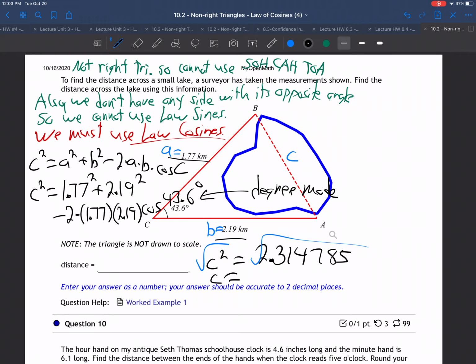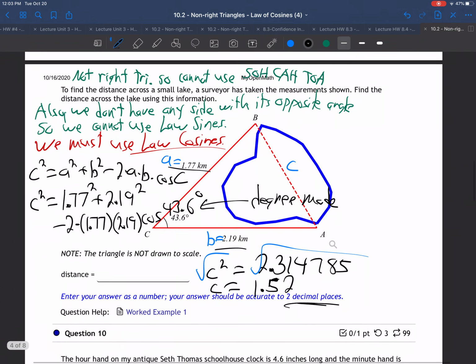I use my answer button. It's quicker, don't have to retype it. 1.5. How many decimals do they want here? 2. Okay. 1.52. C must be 1.52. So we're able to find C by using the law of cosines. Because we didn't have any side and opposite angle, we couldn't use law of sines. So C equals 1.52.